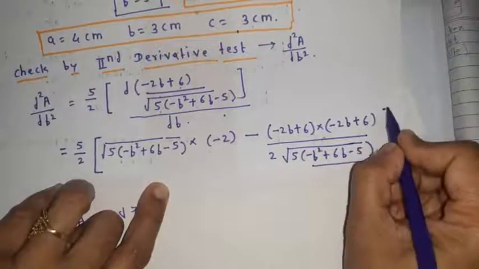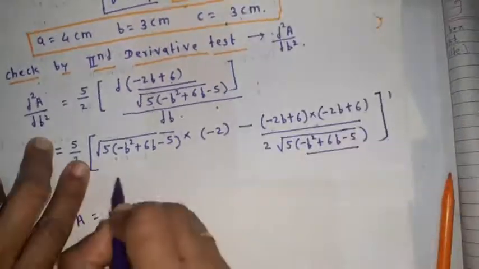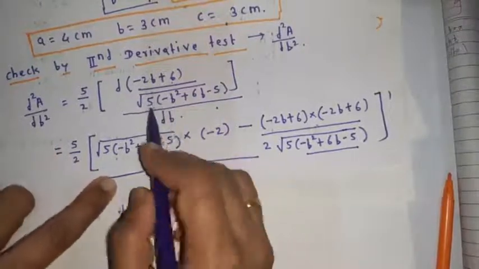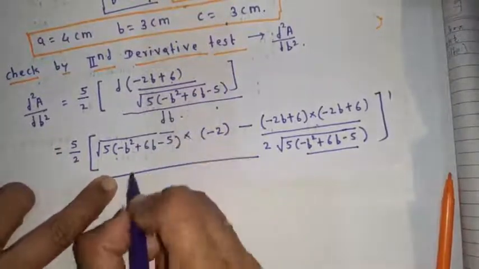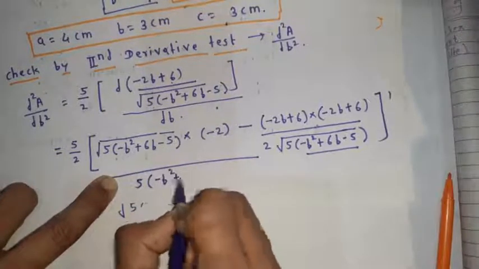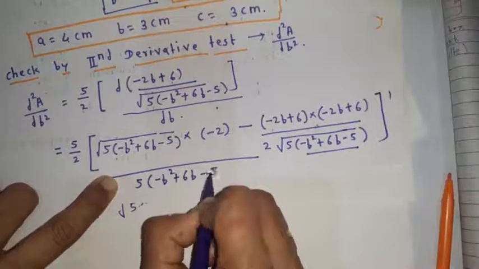And upon v square, that is the denominator term squared, that is 5 into minus b square plus 6b minus 5.